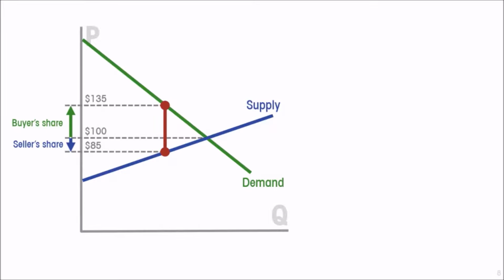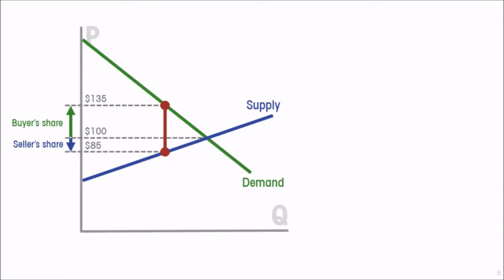So we have worked out that if a $50 tax is put on this market, the market for drinks that have sugar in them, we have worked out what share of the burden of the tax is being borne by the demand side versus the supply side.